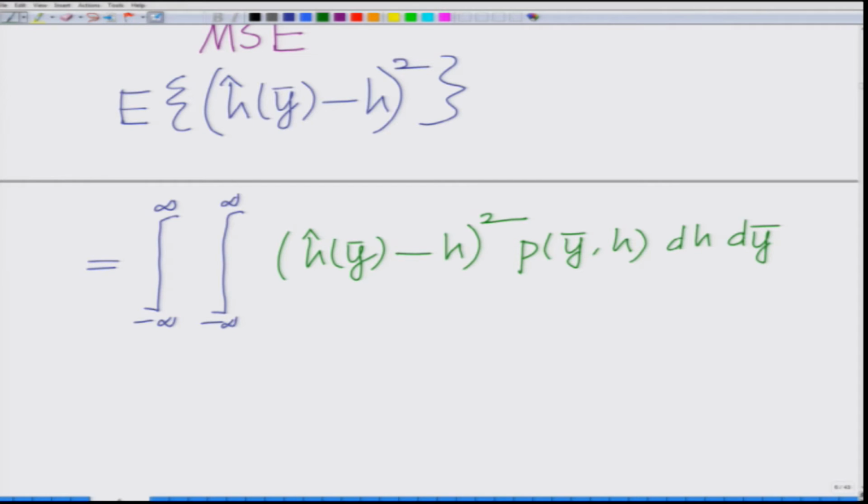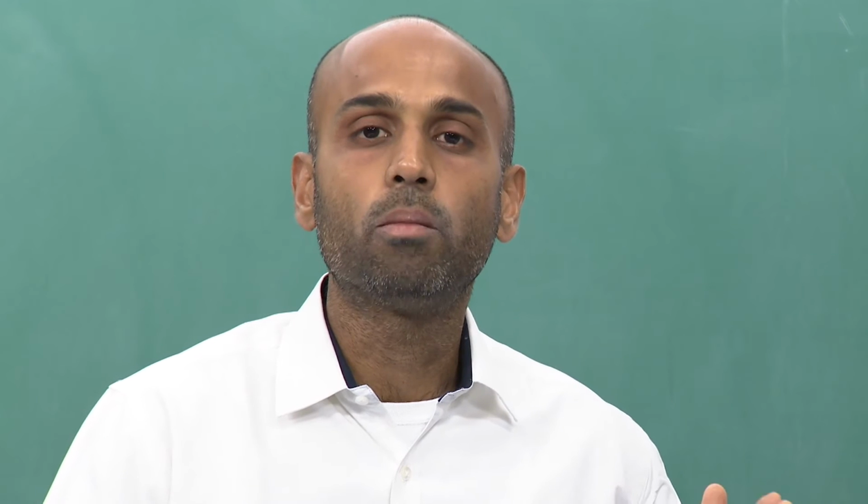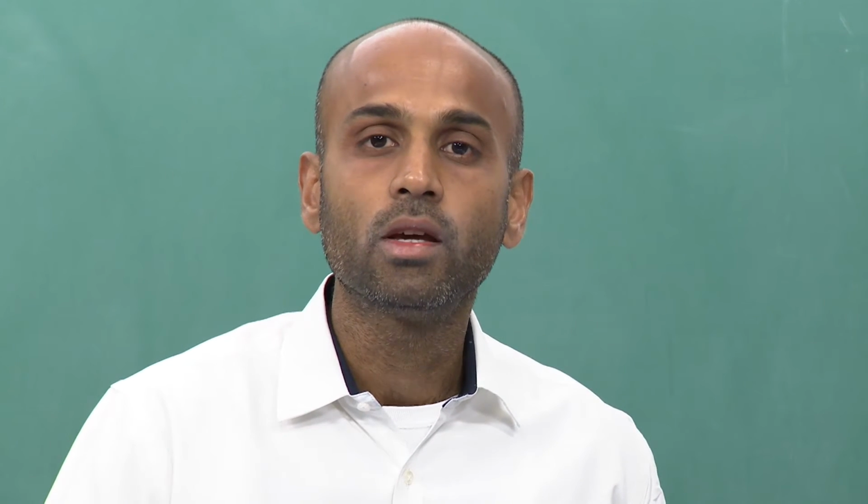So, this is an important expression. Let me take some time to explain it. h hat of y bar minus h whole square is the squared error, but it depends on a particular value of the parameter h and a particular value of the observation vector y bar.